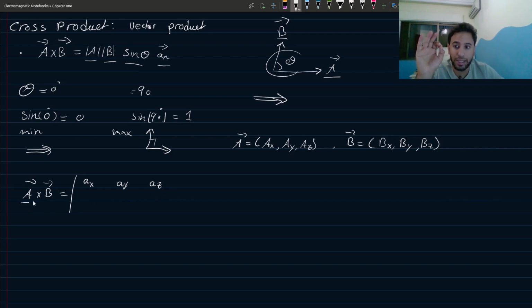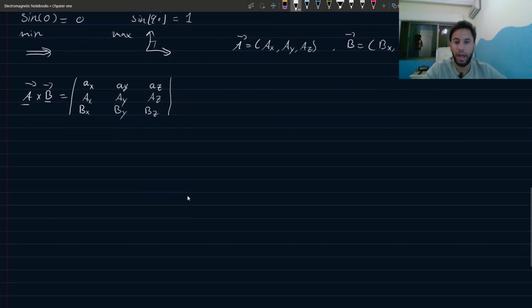In this case, it's the vector A. So we write ax, ay, and az. Then we write the components of the second vector. So we say bx, by, and bz, and then we close it. Mind you, this is not a matrix. And how do we solve this?